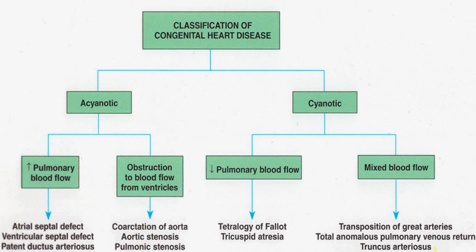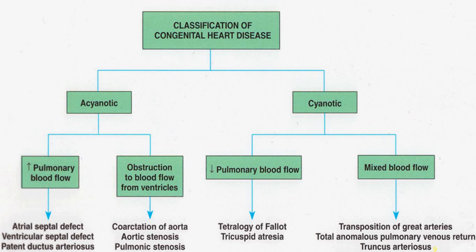In cyanotic heart disease group, decreased pulmonary blood flow like tetralogy of Fallot, tricuspid atresia. While in a mixed blood flow, transposition of great vessels or great arteries, total anomalous pulmonary venous drainage, truncus arteriosus, hypoplastic left heart syndromes, where you will have a mixed blood flow.